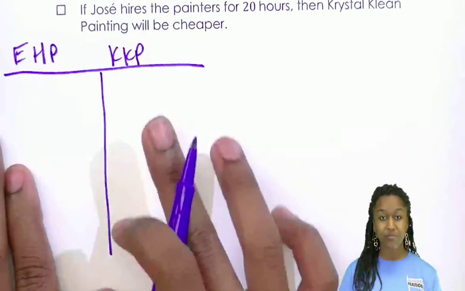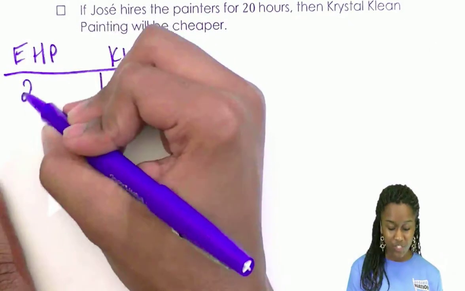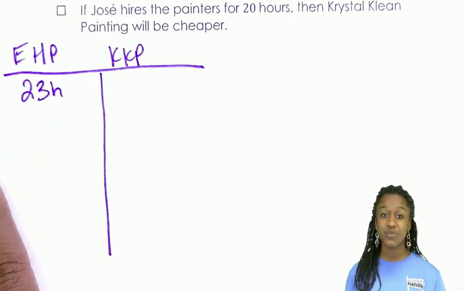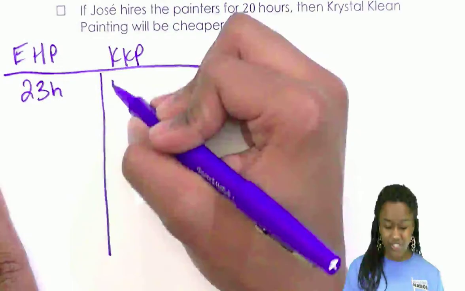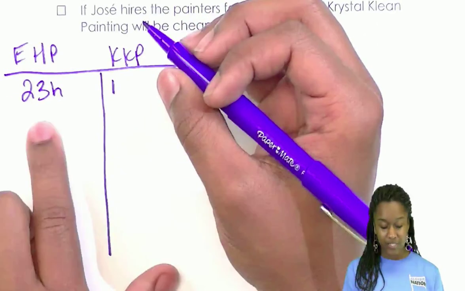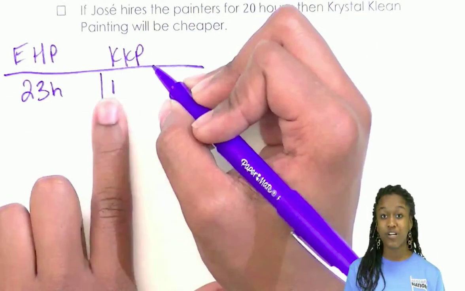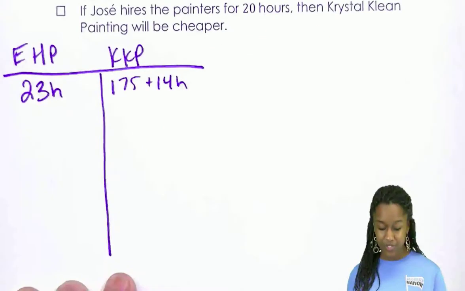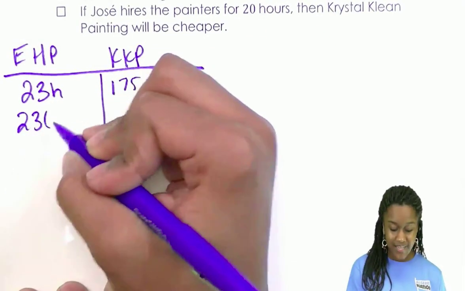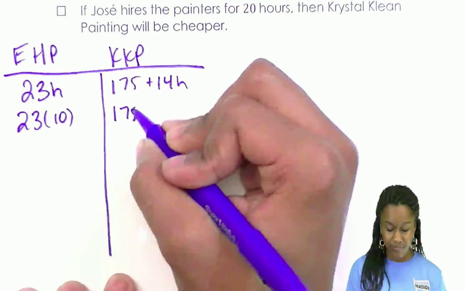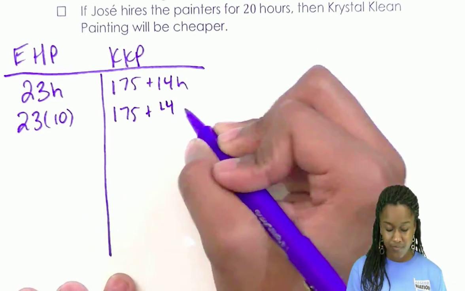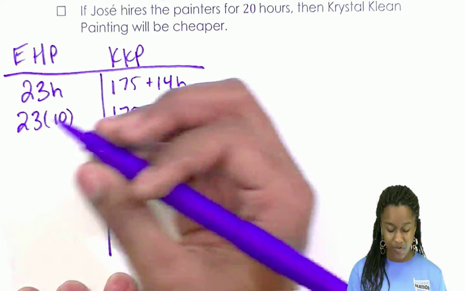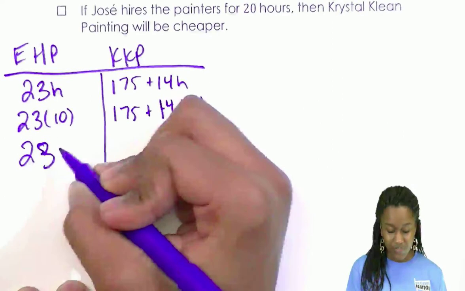Okay, we have Elegance Home Painting and Crystal Clean Painting. We know the expression for Elegance Home Painting is 23 times H, and the expression for Crystal Clean Painting is 175 plus 14H. And we're going to plug in 10 for H. All right, so this gives us a total of $230.